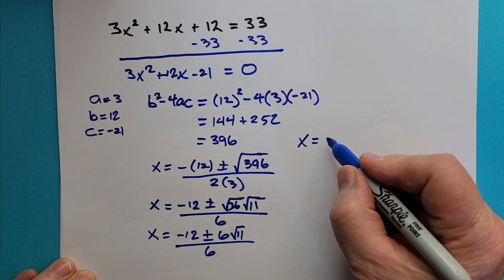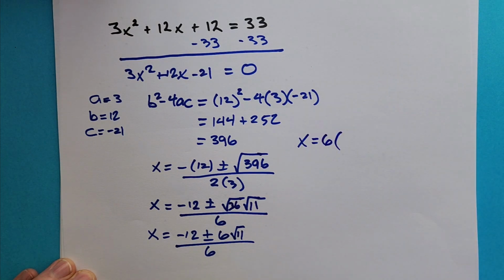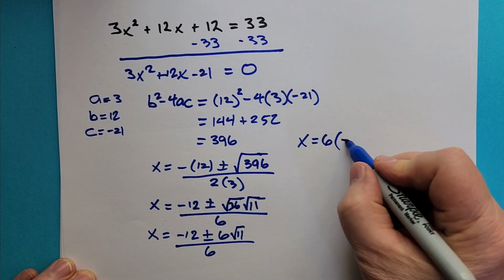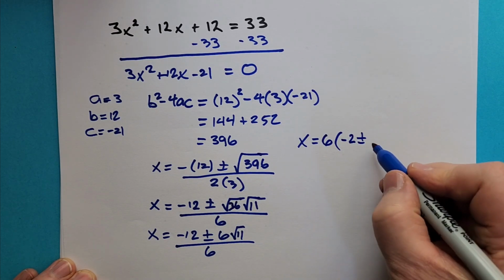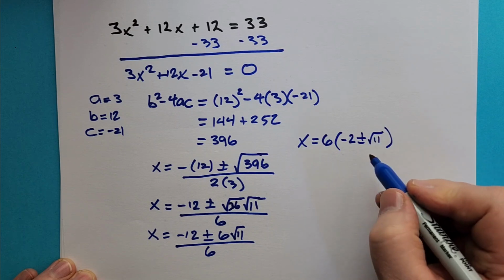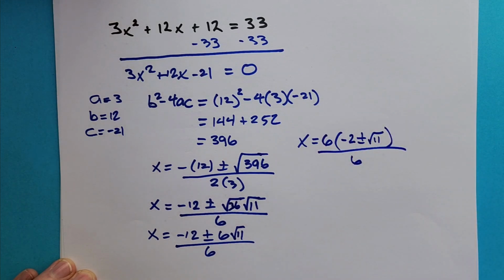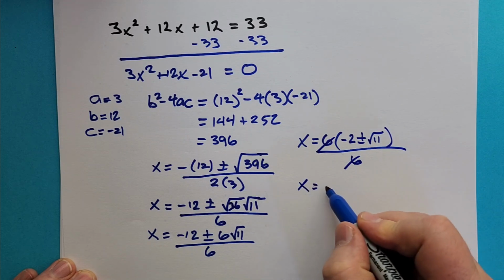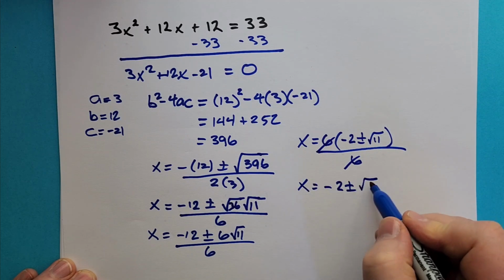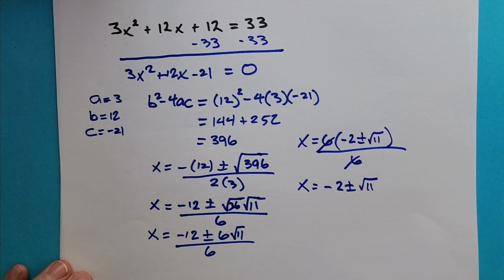So using the distributive property, I'm going to factor out a 6. That's going to give me 6 times negative 2 plus or minus, the 6 factors out, we just get root 11, all over the 6. And then the 6's cancel out, and we get x is equal to negative 2 plus or minus root 11. So in this case, the roots are in binomial form.